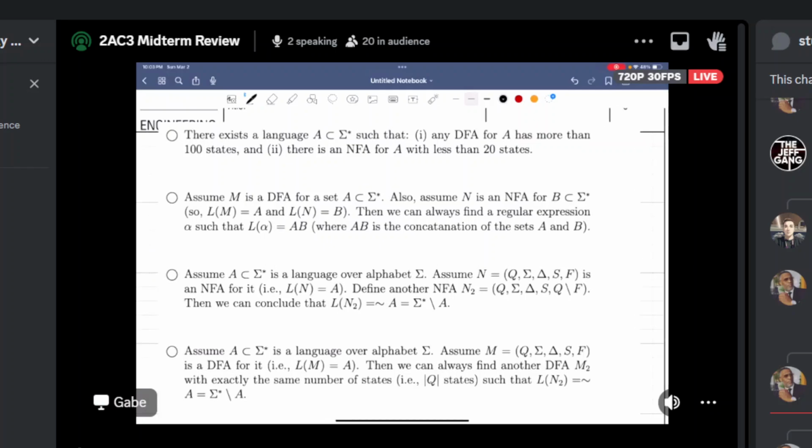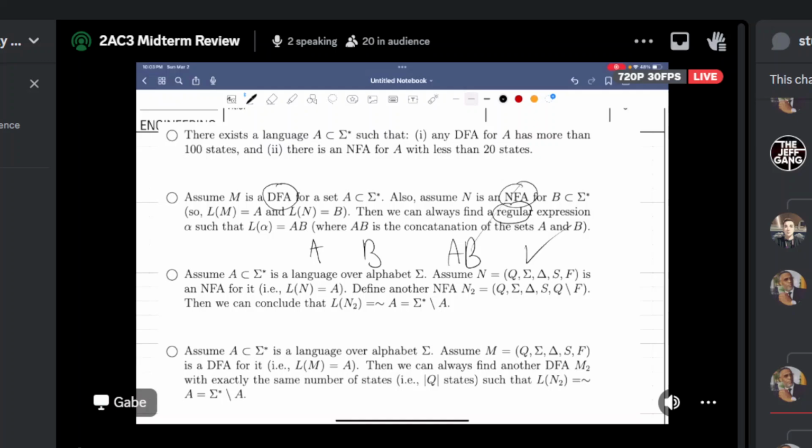A regular expression means that it's regular. We know a DFA is regular, an NFA is regular, and regular languages are closed under concatenation. So if A is regular and B is regular, then AB is regular. So that is correct. It is true.